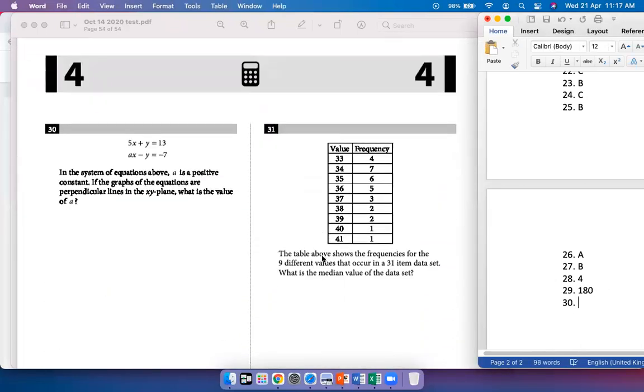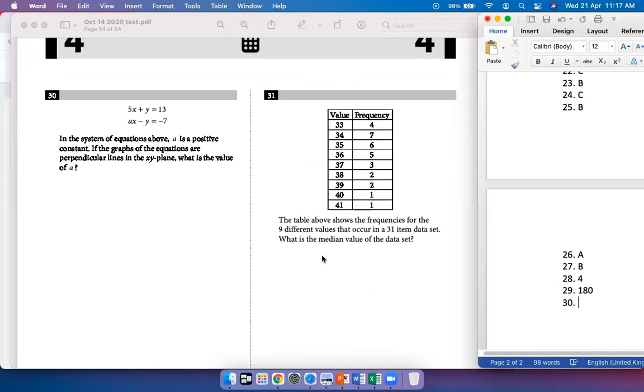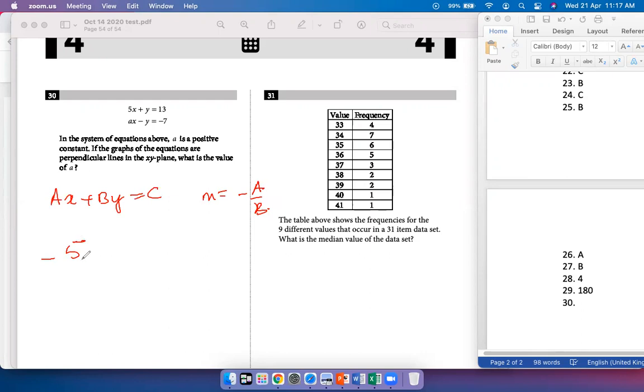Coming to the end of the test, almost there. In the system of equations above, a is a positive constant. If the graphs of the equations are perpendicular lines in the xy plane, what is the value of a? Okay, so for perpendicular lines, the product of the slopes is -1. And when the lines are written as ax plus by is c, then the slope is minus a by b. So for the first one, the slope would be -5 by 1. That's slope 1.